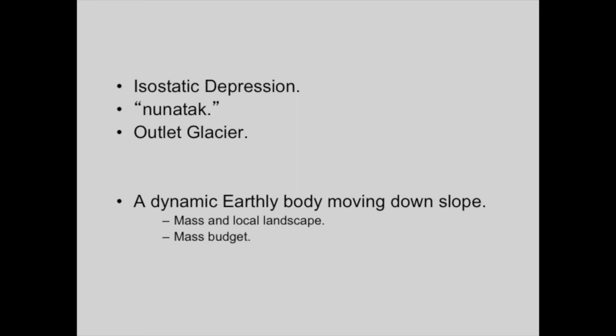Now let's take a look at how a glacier moves, the internal processes that are at work, the physics of a glacial body. So a glacier, looking through this lens, is a dynamic earthly body that's moving downslope. The rate of its movement varies with its mass and the local landscape over which it flows, and which it ultimately changes.